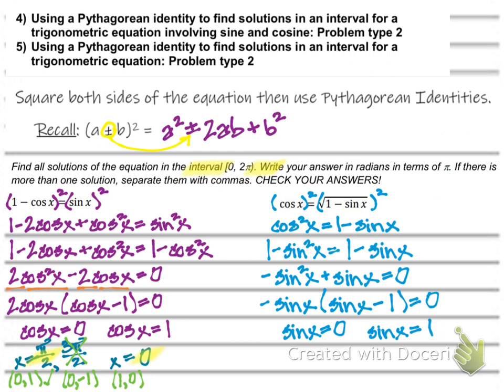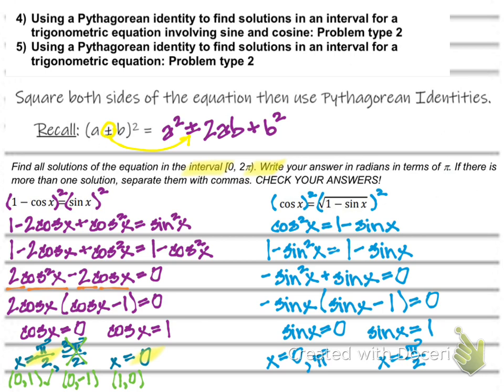All right, the sine of x is 0 when we're on the x-axis, right? So this occurs at either 0 or pi. The sine of x is 1 at pi over 2.